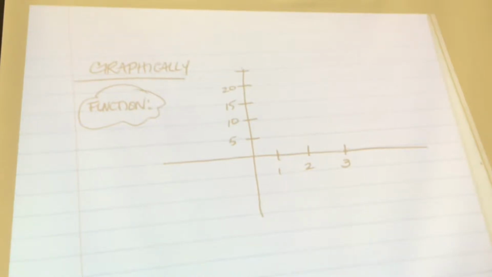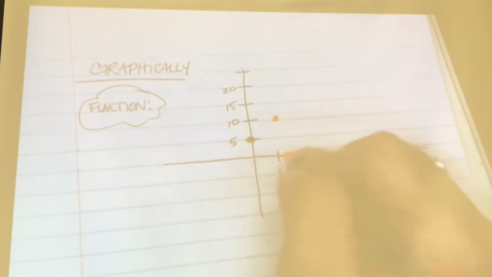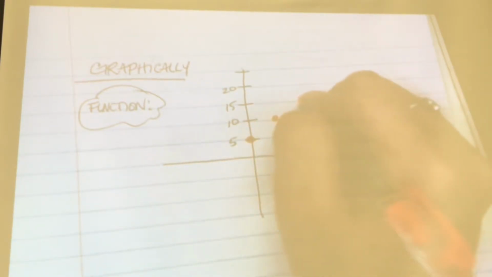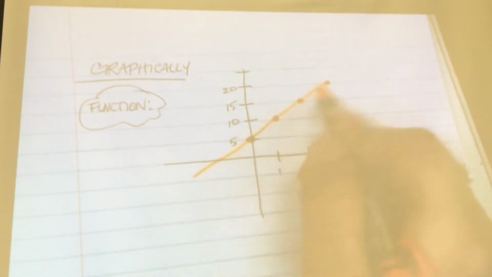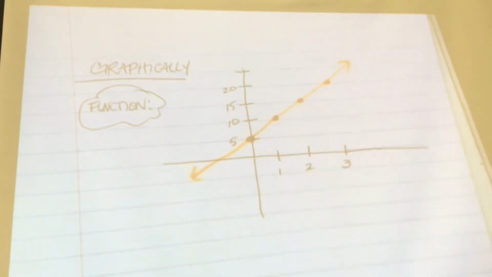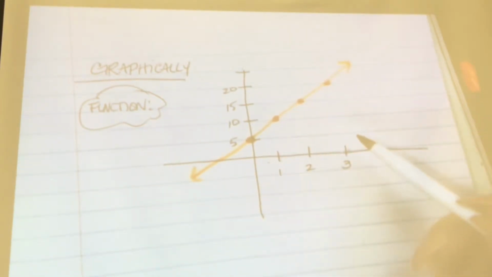If I were to plot these points for a function, 0,5, 1,10, 2,15, 3,20, you'll notice that the x values do not repeat. So I didn't say 3,20 and then 3,25. Use your highlighters, please. I have my 3 degrees. I already know this. Now I need you to do that.